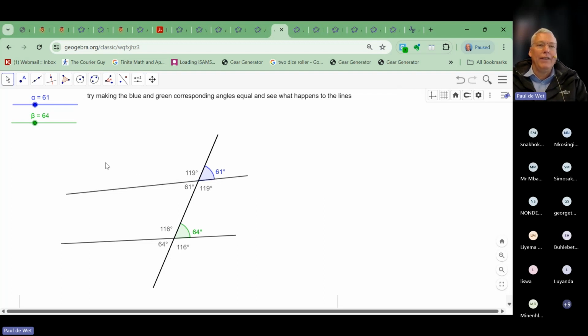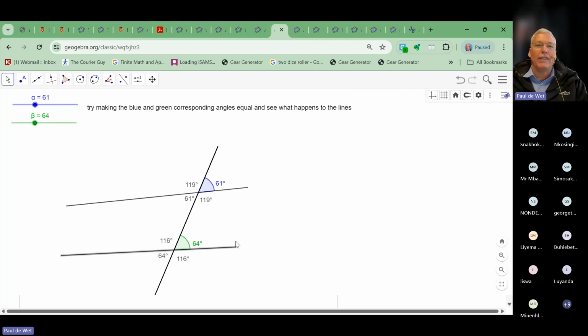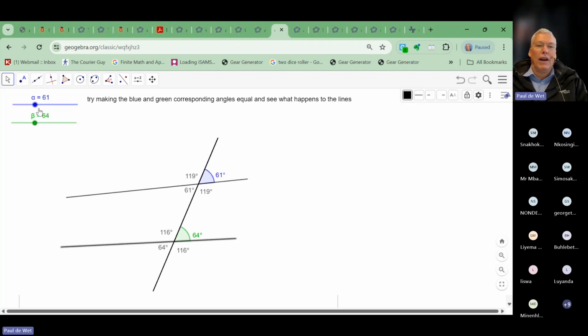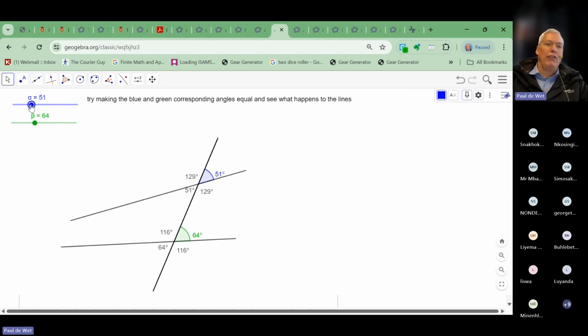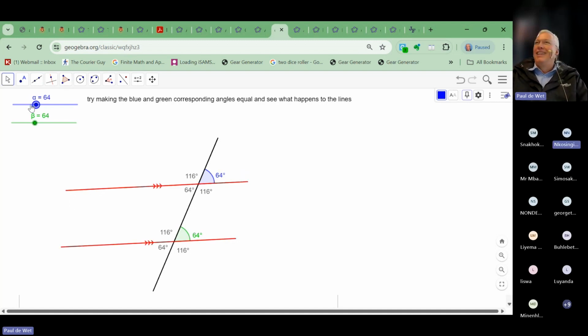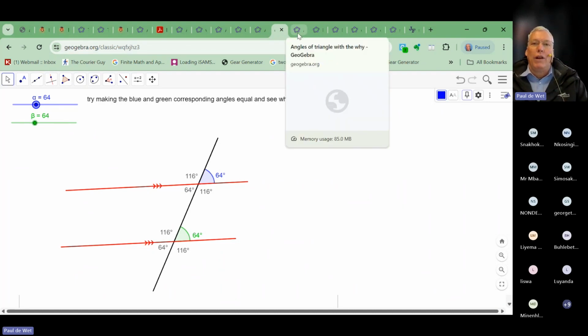What size must I make the blue angle if I want these lines to be parallel? 64. Let's just check. Do you see they're getting more and more parallel? They're not parallel. Ha! They're parallel. 65. They're not parallel. 64. Ha! Okay, right. So, guys, the lines are only parallel when the corresponding angles are equal or the alternate angles are equal.